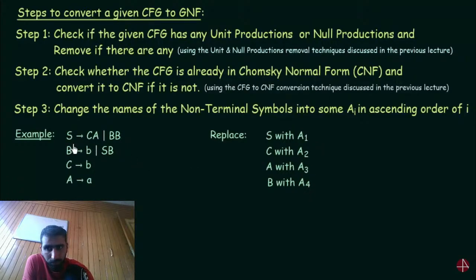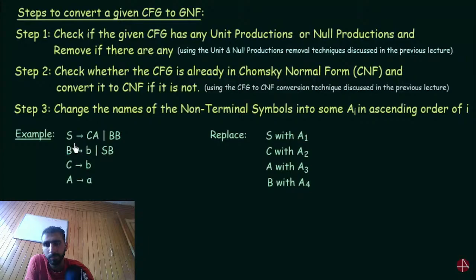Now you cannot just randomly give any names to these non-terminal symbols, but you have to follow it in ascending order starting from the very first production. So it's not that you just see S, okay, let me call it A of 1, and then here I have B, so let me call it A of 2. It's not like that. You have to first see the first production, and you have to follow it in the correct order.